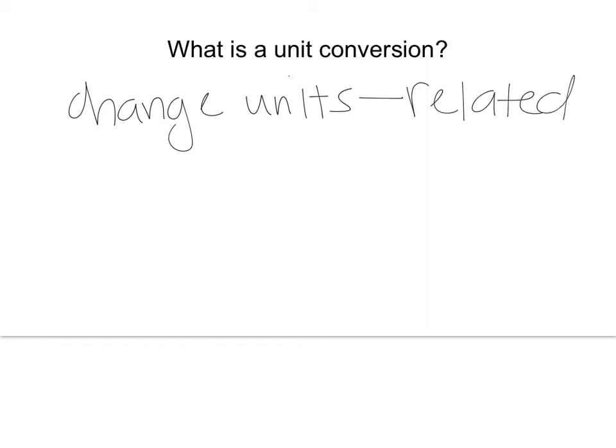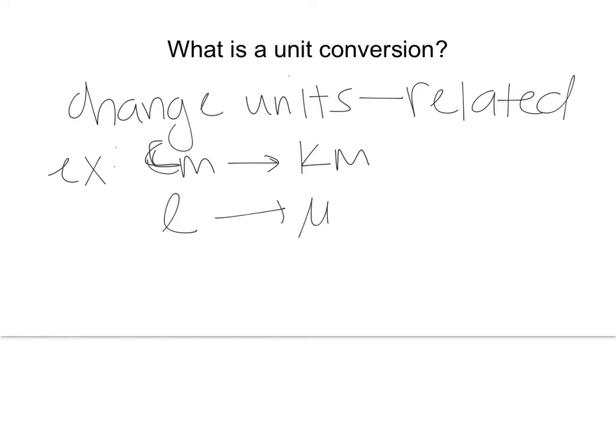For example, we might change centimeters, which is a very small unit of distance, to kilometers, which is kind of a large, think of miles. And we could even change from kilometers to miles because there is a conversion factor there. If we were talking about volume, we might change liters, which is a lowercase l, to microliters, which is very little.